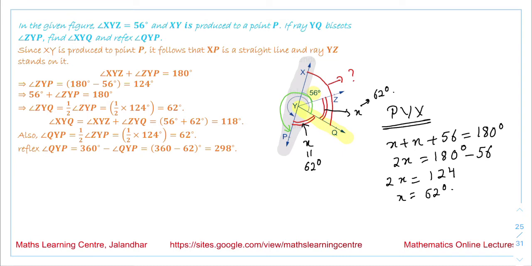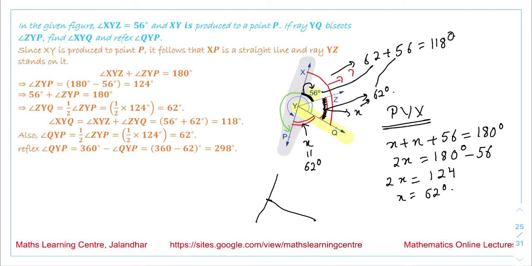So this larger angle will be 62 plus 56, that is equal to 118 degrees. This angle is 62 degrees, this angle is 56 degrees, so the sum of both these angles is 118 degrees. The second thing we have to calculate is this reflex angle.